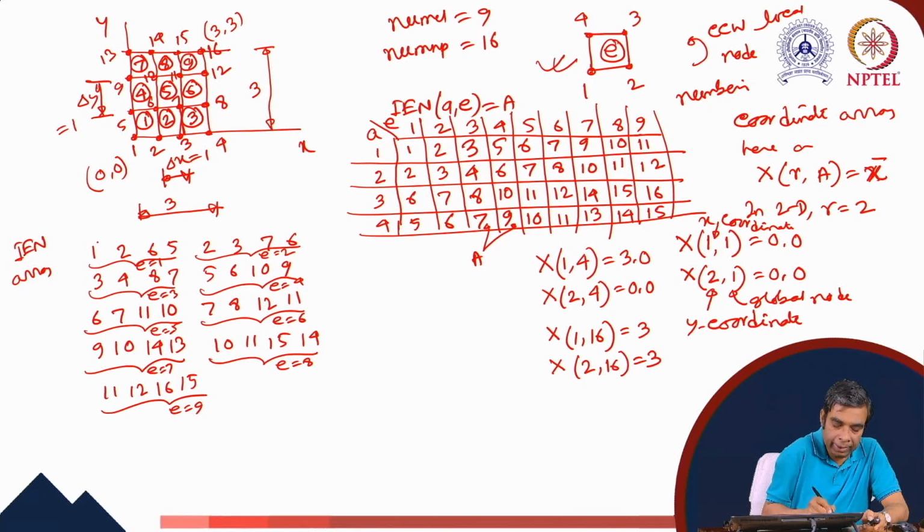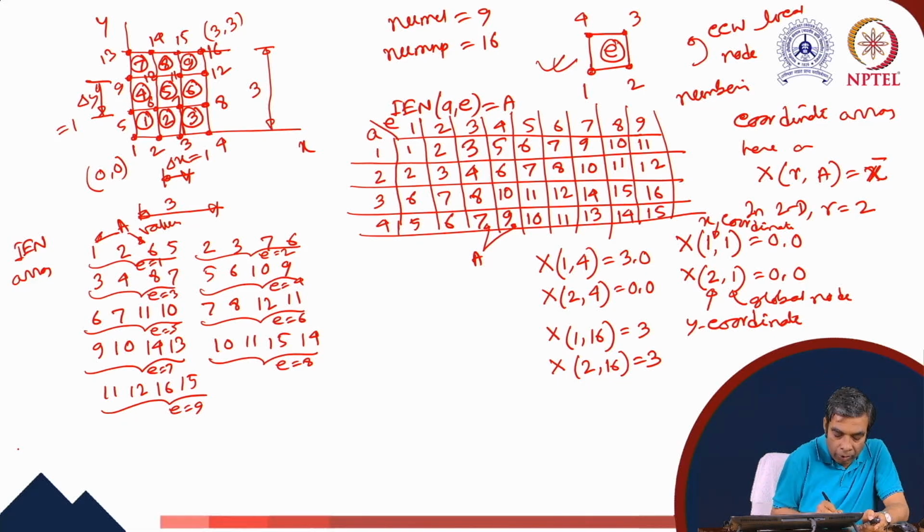These quantities are the capital A values. Local node 1, global node 1; local node 2, global node 2; local node 3, global node 6; local node 4, global node 5. So this is local node 4 for element 1. Here if we come, this is global node 5. So this is the arrangement for the IEN array.